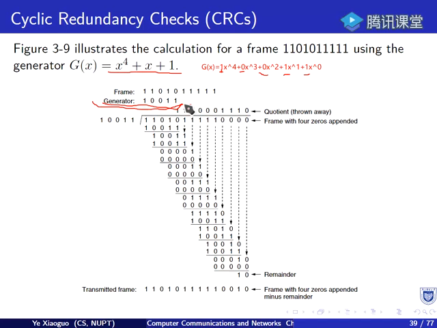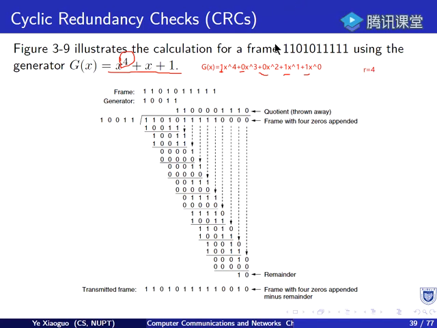Then we will use long division. The degree of the highest order is 4. So R is 4, right? R is 4.